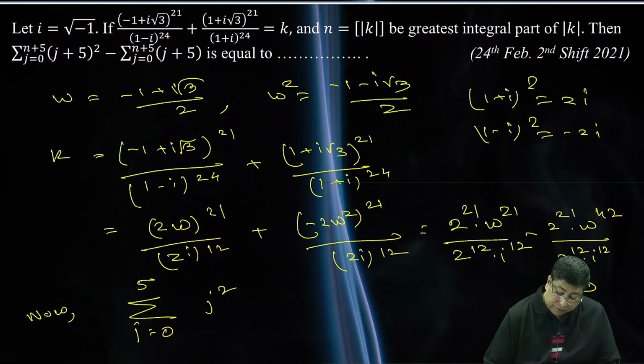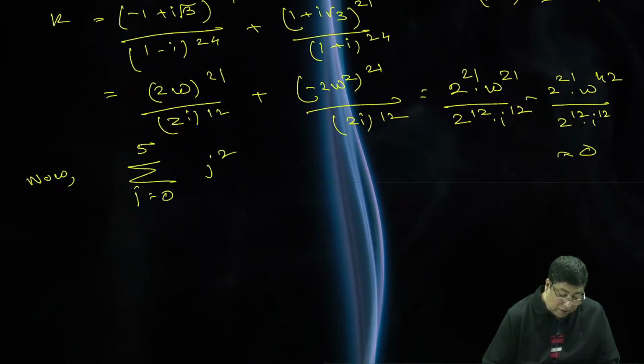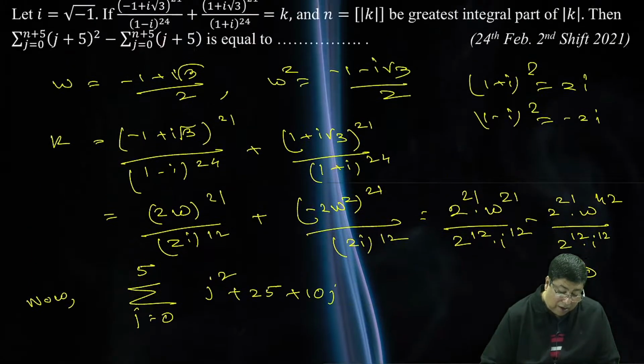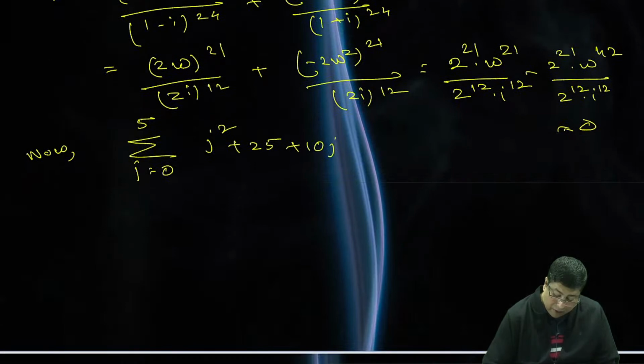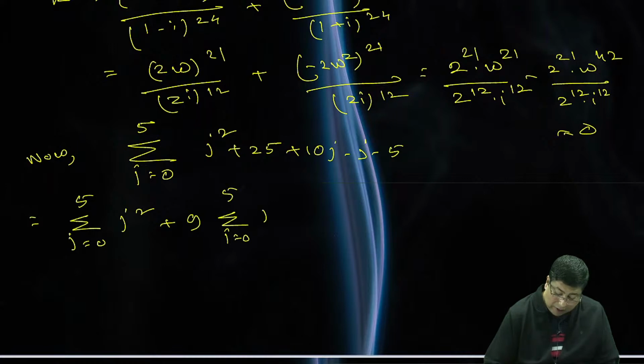Directly I am writing this, n equal to 0, so 0 to 5 we are getting (j plus 5) whole square, that is j square plus 25 plus 10j, minus j minus 5. So this is coming summation of j equal to 0 to 5 of j square, plus 9 times summation of j equal to 0 to 5 of j, plus 20 times summation of j equal to 0 to 5 of 1.